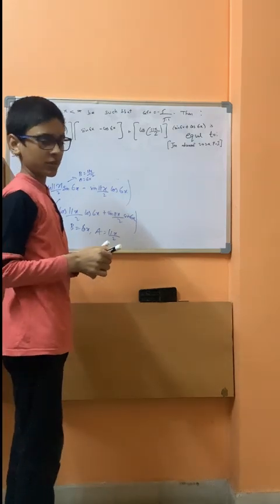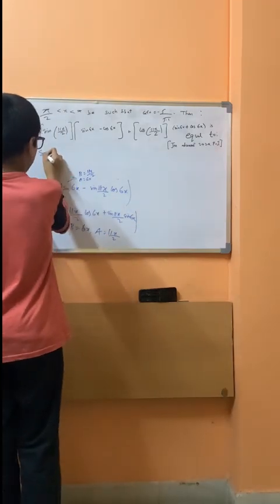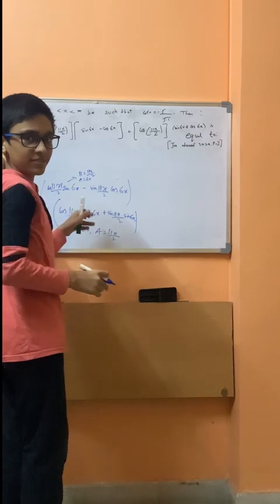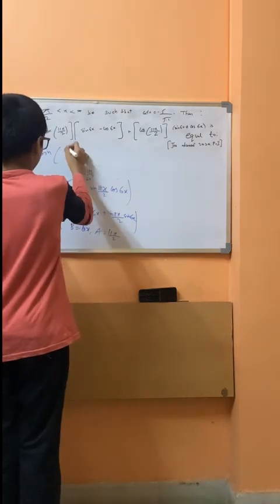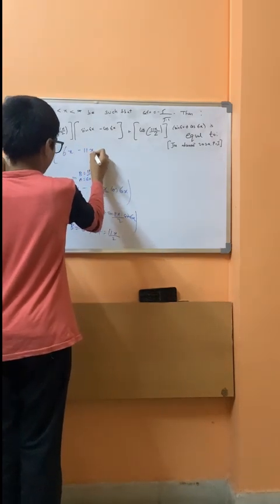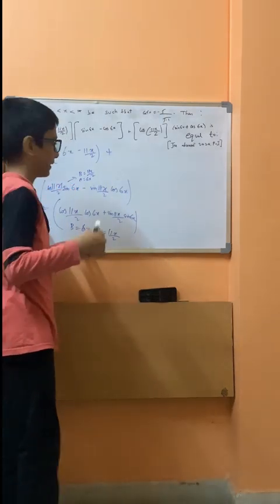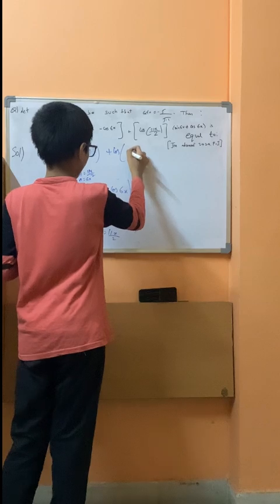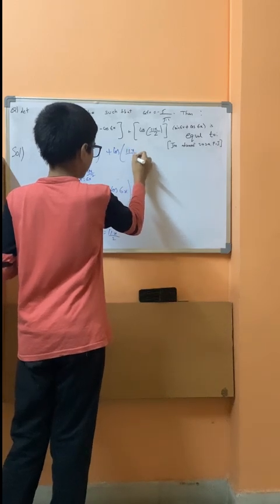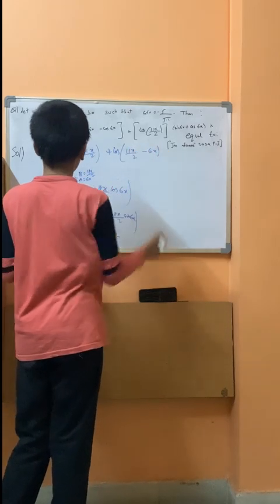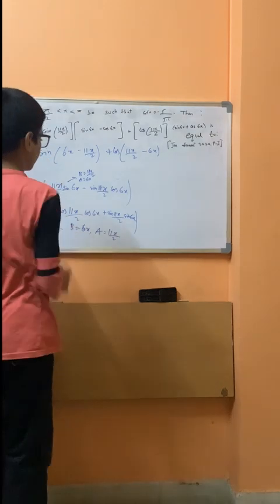Now we are going to use our formula. This is sin of a minus b, which is 6x minus 11x by 2. Plus, we have this, which is cos of a minus b. Which is y.